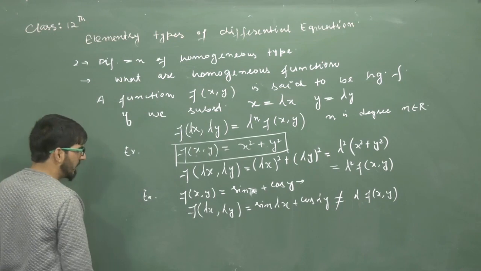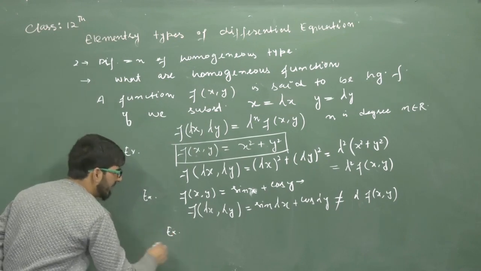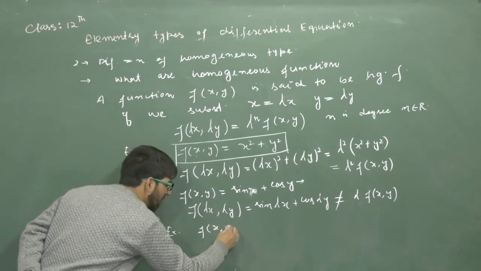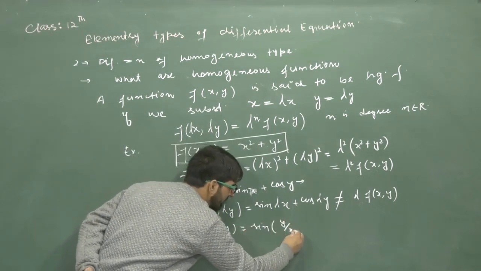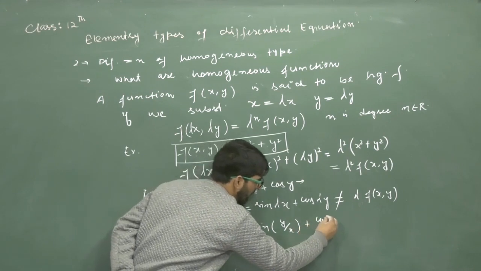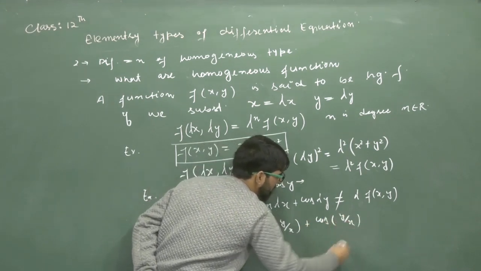Now if we have a third example, f of x comma y is equal to sin of y by x plus cos of y by x.